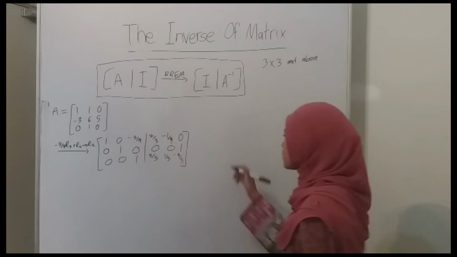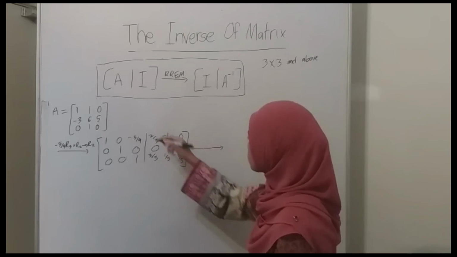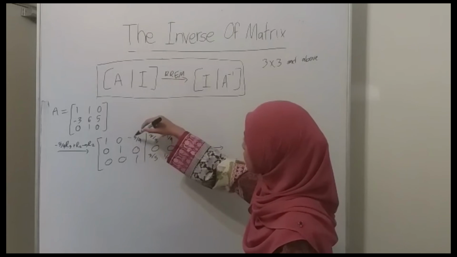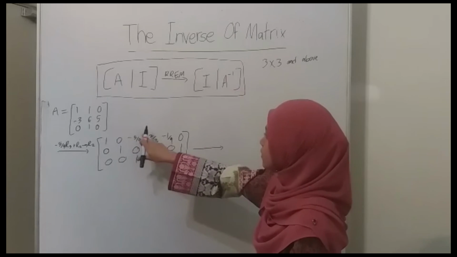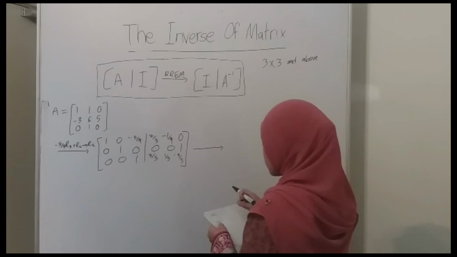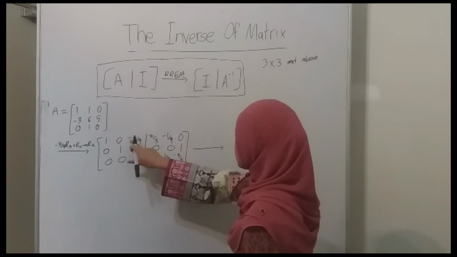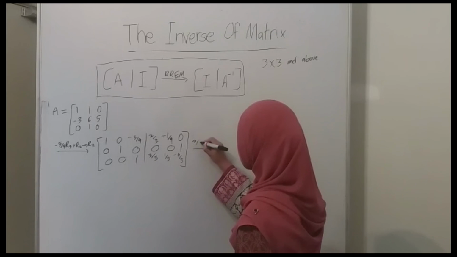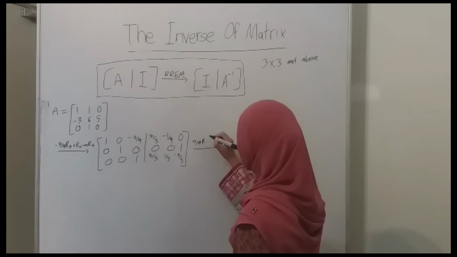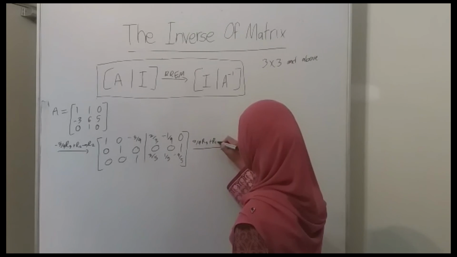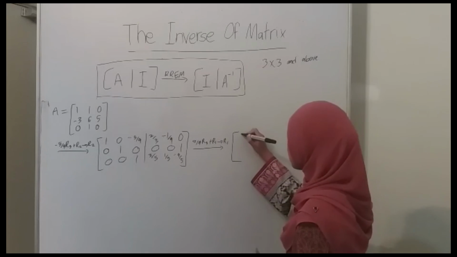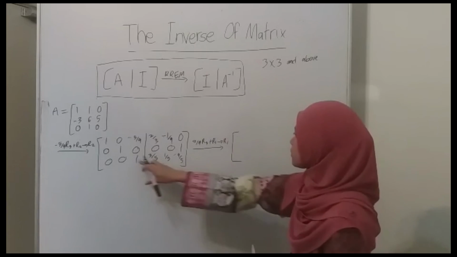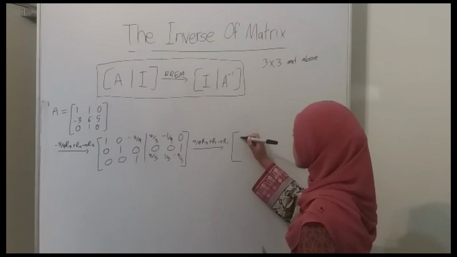So we continue. We want to eliminate negative 5 over 9 into 0. We make negative 5 over 9 into 0. So we have 5 over 9 R3 plus R1 equal to R1. So the second row and third row do not change.